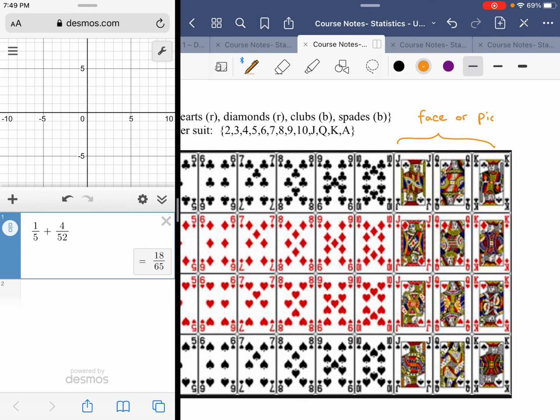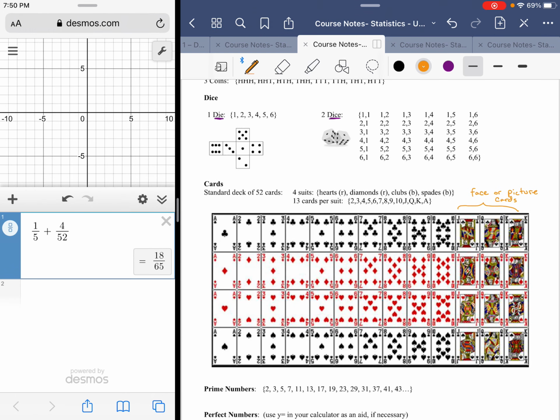But some people call them picture cards. I don't particularly like the term picture card, only because they all have pictures on them to some extent. Those are more like portraits of the royal court. So anyway, that's the breakdown. Half the deck's black, half of it's red.